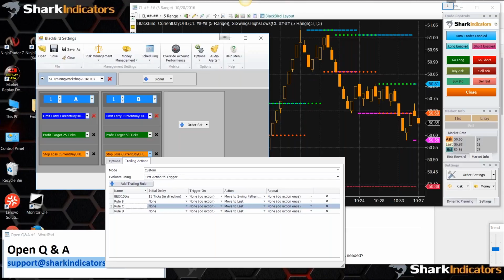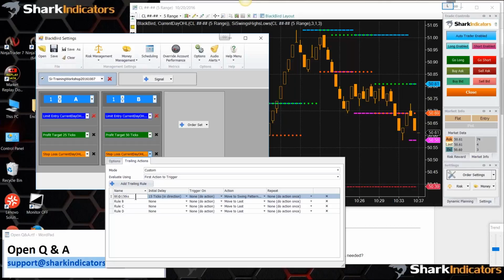So if rule C is trying to execute and move your stop loss, as long as the first one, let's say our break even is the first rule, isn't trying to execute, then rule C will go ahead and execute because there's no conflict, right?